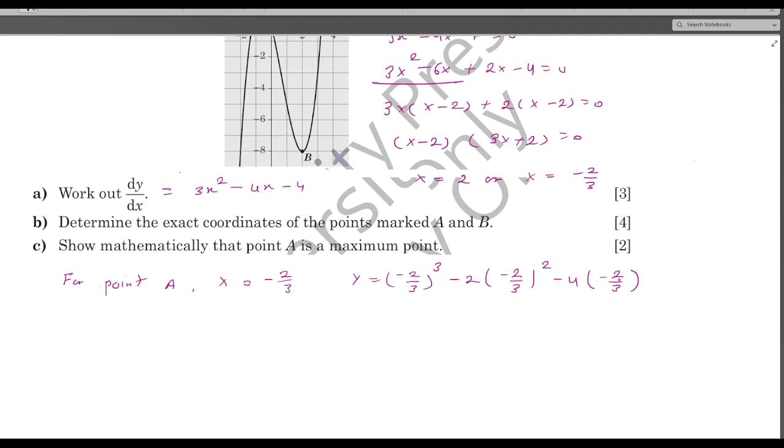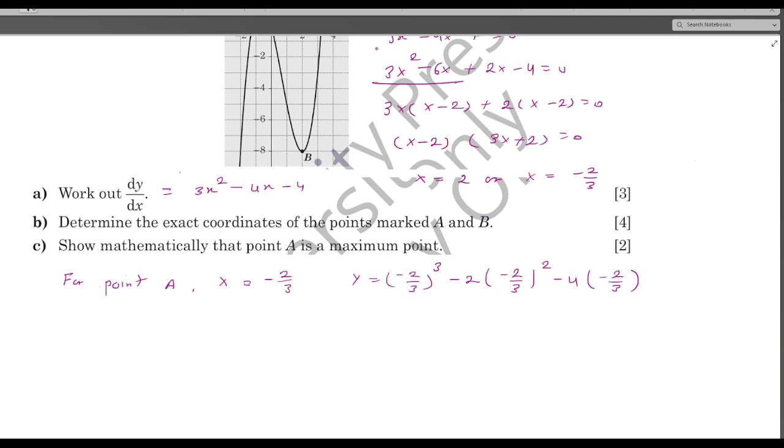Okay, let me calculate this value. So it's minus 2 divided by 3 the whole cubed, minus 2 times minus 2 divided by 3 the whole squared, minus 4 times minus 2 divided by 3. You can plug all the values into your calculator.